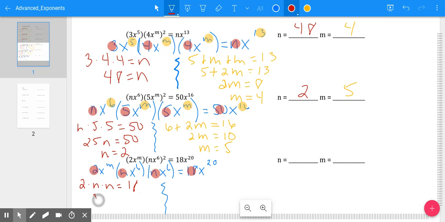So that would be 2n squared equals 18. So n squared equals 9 when we divide both sides by 2. And then if we think about how to undo the squared sign, we need to take the square root. So our n value here would be 3.